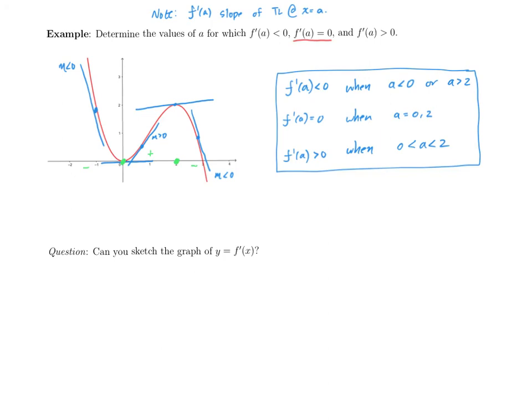So the roughest such graph I could sketch would be something that looks quadratic in nature. We could certainly go into more detail thinking about where the derivative will be larger in negative versus smaller in negative, but we're going to save that for future discussions. For now, this rough sketch is what we're looking for.